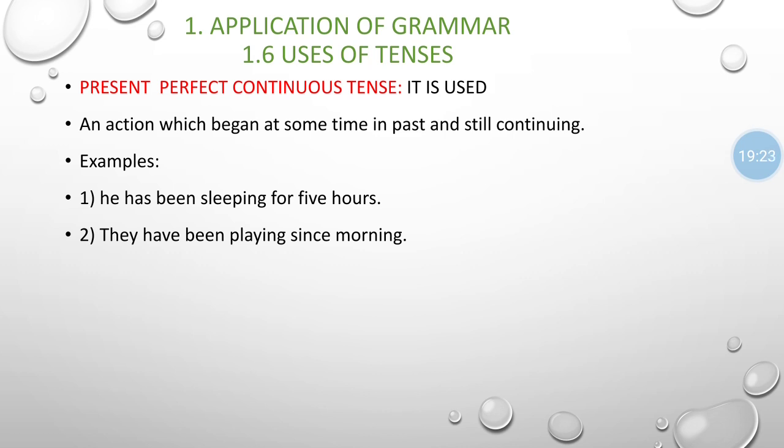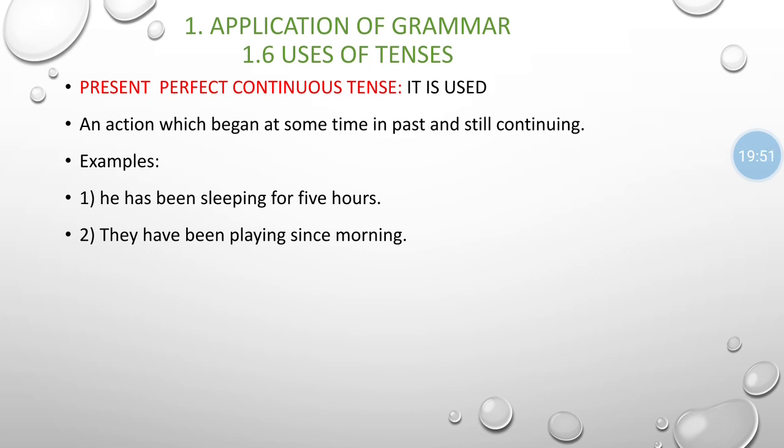He has been sleeping for 5 hours. It means for the past 5 hours he has been sleeping. Up to this moment the action of sleeping is completed and now he is also sleeping. He didn't wake up. Such an action is indicated by the present perfect continuous tense.